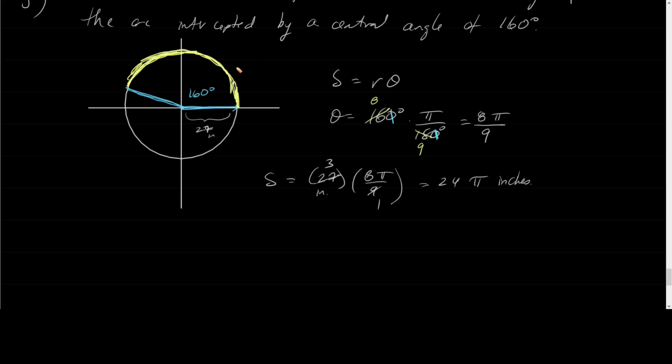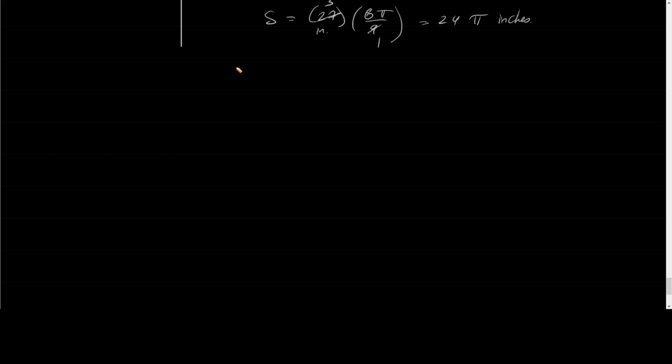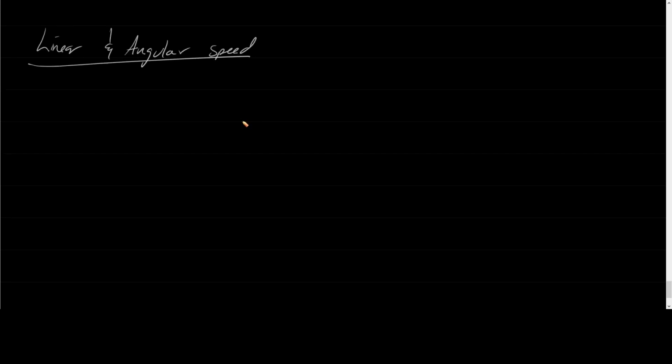All right. Now, let's talk about linear and angular speed. Before I give you the definition, I want to give you the visual as to what we're talking about when we have that.